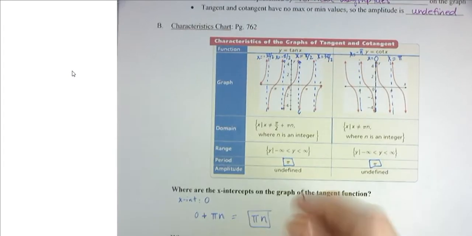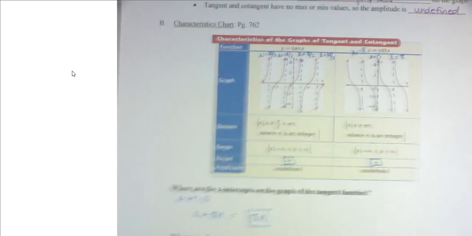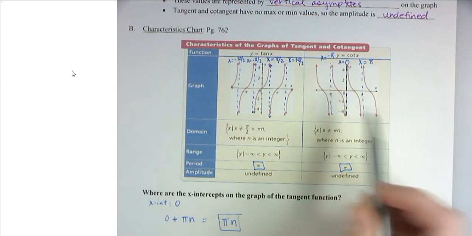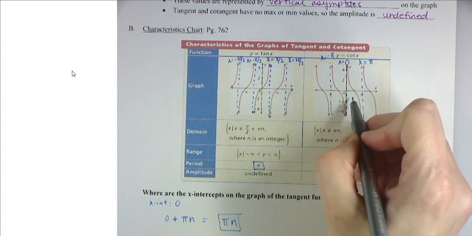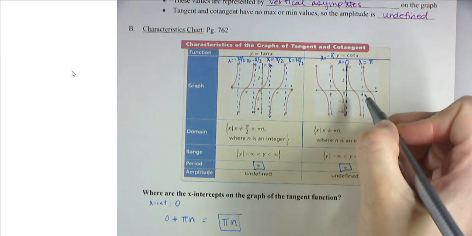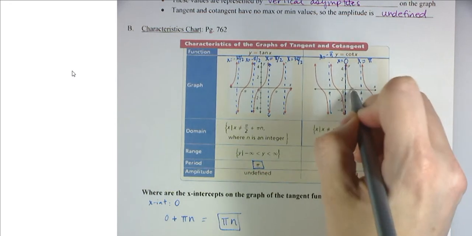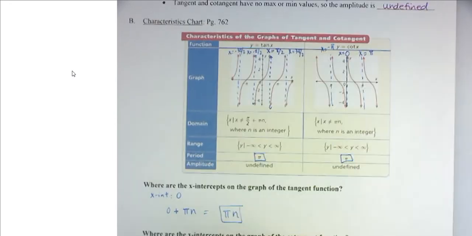And then for the cotangent, the first x-intercept is going to occur here at pi over 2, and then those occur every pi. So this would be pi over 2 plus pi n.